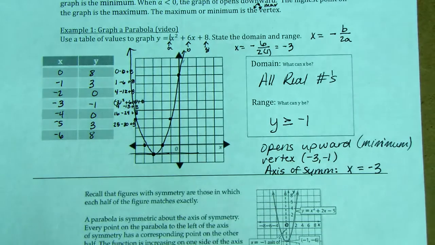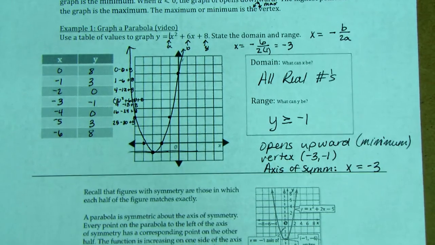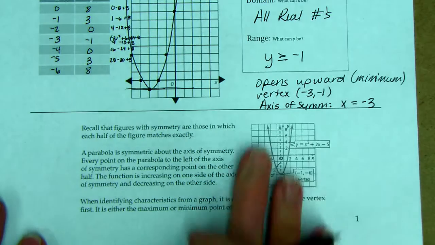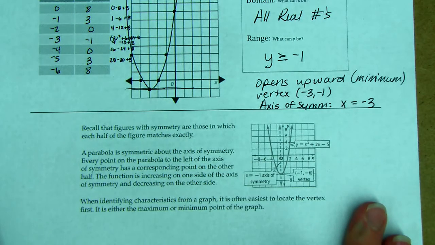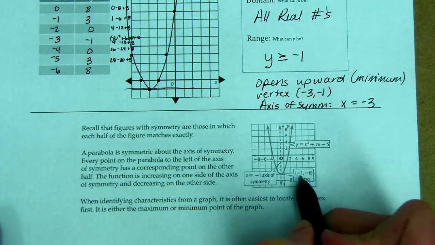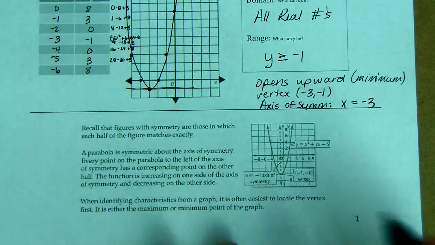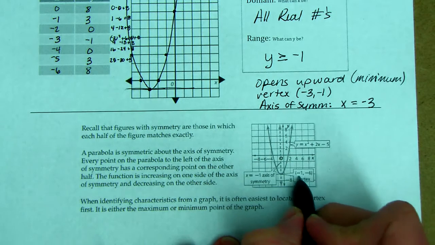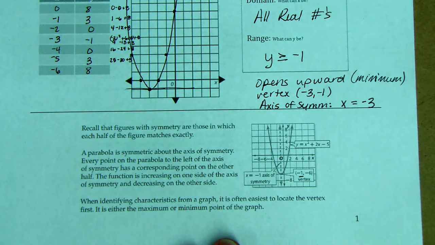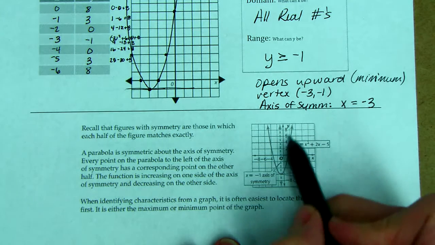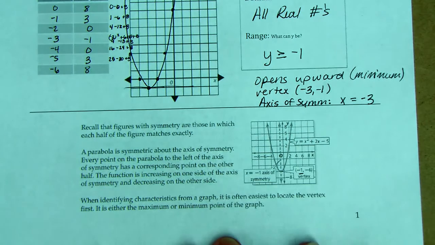Here's another example. So since my vertex is negative 1, negative 6, axis of symmetry is x equals negative 1, whatever your vertex is. And then because it opens upward, I know there's a minimum value, and I know that my minimum value is negative 6.